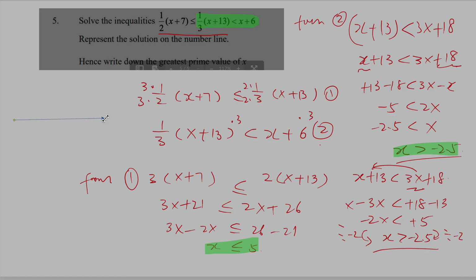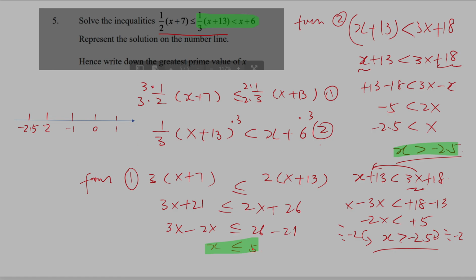Okay. So I need to represent this and this on the number line. To represent them on the number line, you don't need many numbers. You just need the critical ones. I need negative 2.5, so probably this is negative 2, then negative 1, and then 0, 1.